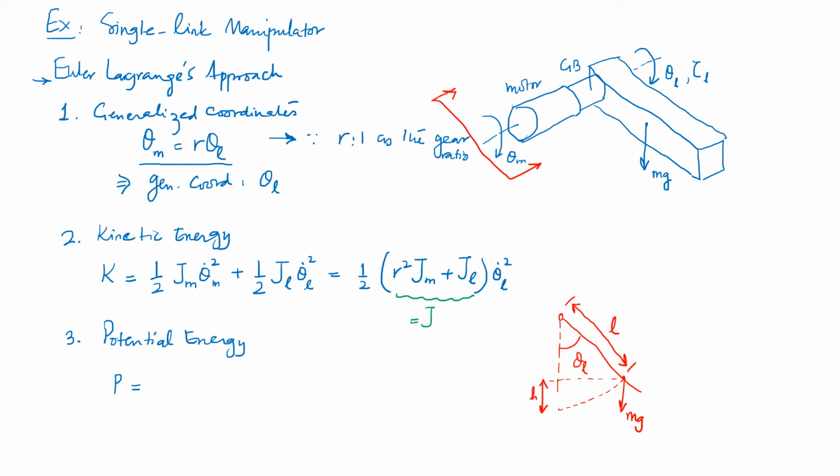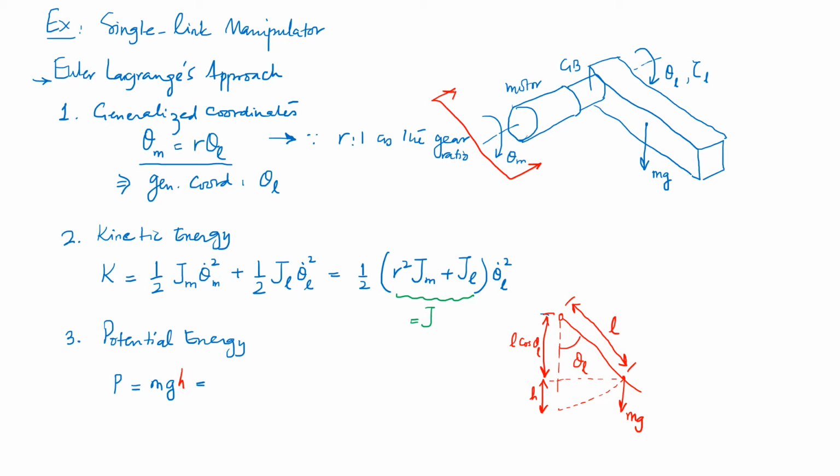So this is what I'm interested in. That is going to be when you define mg, and let me use red color over here, h over here. So that is needed to be identified. I can readily see that this dimension from here all the way to this is equal to L cos of theta L.